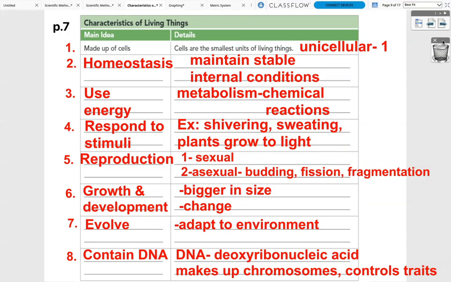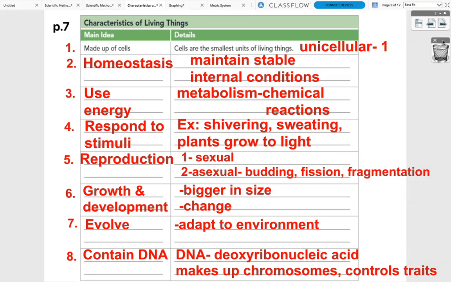As humans, we have 46 chromosomes. So DNA is determining all of our traits. DNA is controlling every part of our bodies. It's controlling all the actions in our bodies. And so living organisms have to have DNA. So those are the characteristics of life.